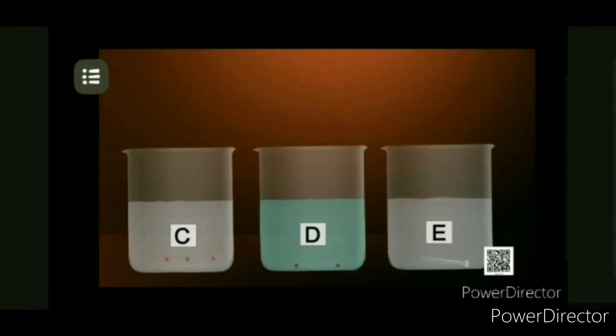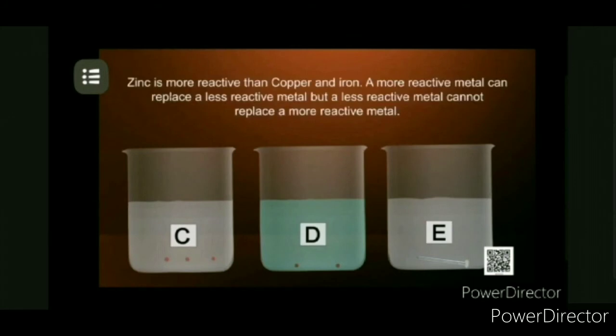You will observe that there are no changes in beakers C, D and E. Why? Because beakers C and E have zinc sulphate solution, but zinc is more reactive than copper and iron.